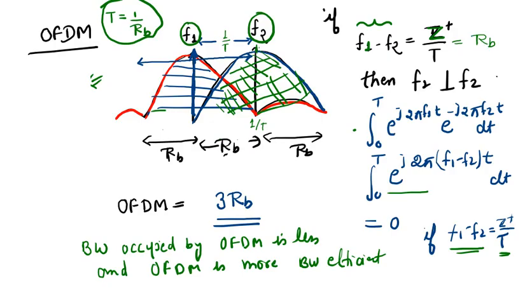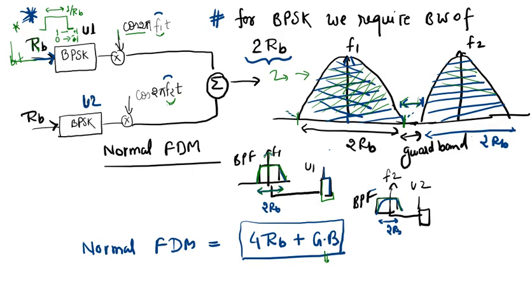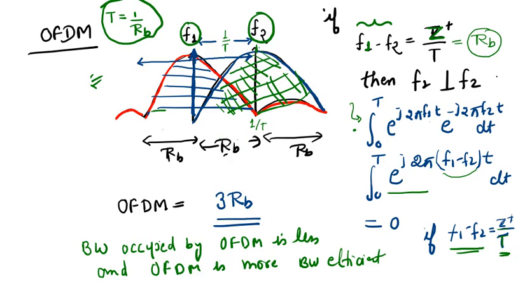If you remember, OFDM has such a characteristic that each carrier has some spacing, and we choose the spacing in such a way that the carriers are orthogonal to each other. So let's see how we can ensure that these two frequencies are orthogonal. We have to make sure that f1 minus f2 is an integer multiple of 1 over T. Since in our case we transmit data at rate RB, we will make sure that the separation between f1 and f2 is RB.